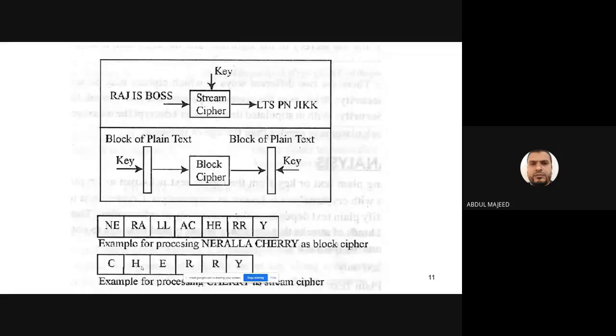Or you can go for a block cipher also, dividing your entire message into a fixed block size. So you can process plain text in two different ways: one is block cipher, another is stream cipher.